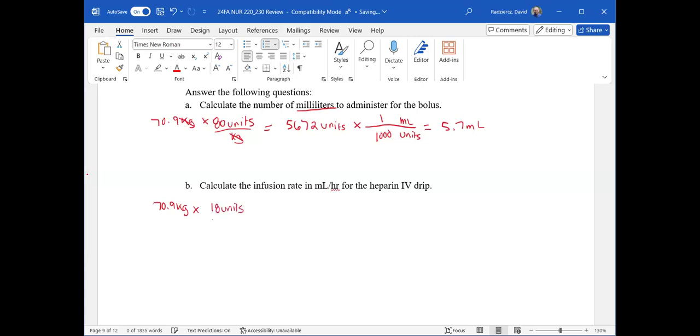The infusion rate is always going to be whatever gives you a time element. Flow rate was milliliters per hour, drop rate is drops per minute. It will say to calculate a drip rate or the IV drip. When you see our final answer, it'll make sense why it's called that, even though you're not dealing with drops per minute.